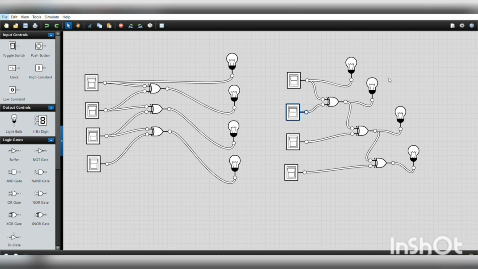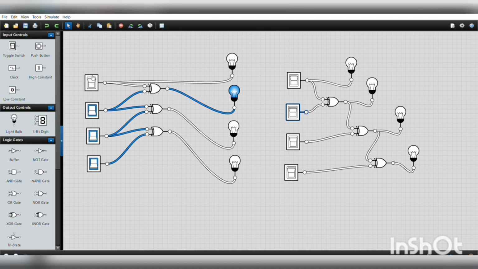If all the binary inputs are 0, the corresponding gray code output is also 0. So let us give the binary input as 0, 0, 0, 1. The corresponding gray code output is also 0, 0, 0, 1. Let us give some other binary input like 0, 1, 1, you get the gray code output as 0, 1, 0, 0.